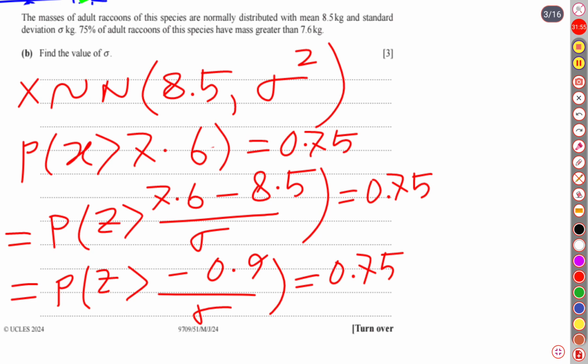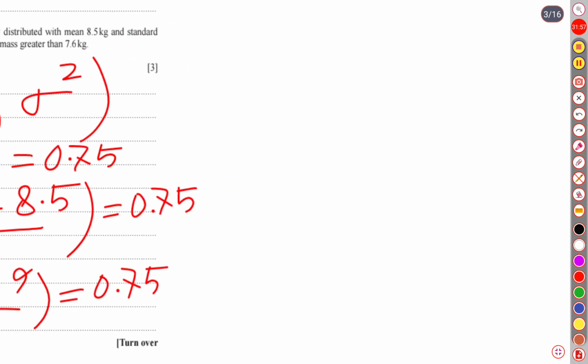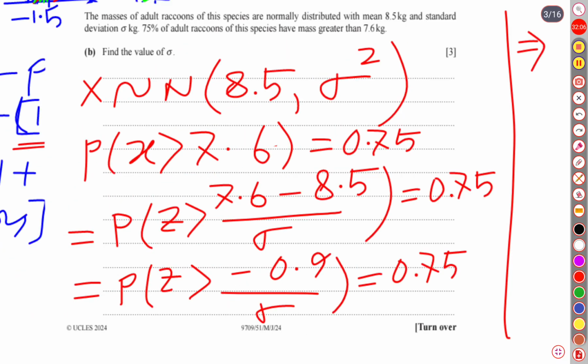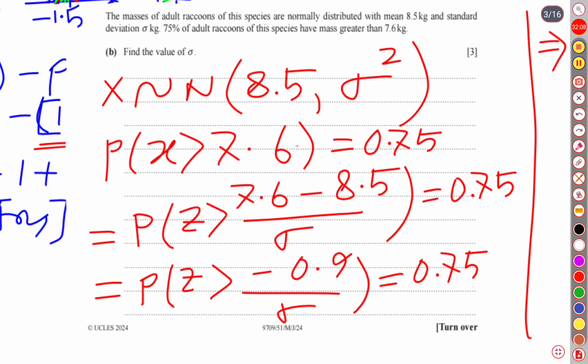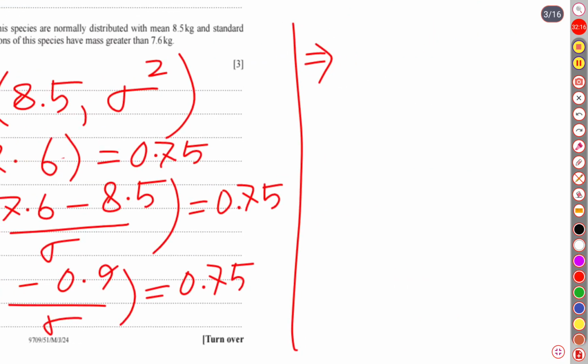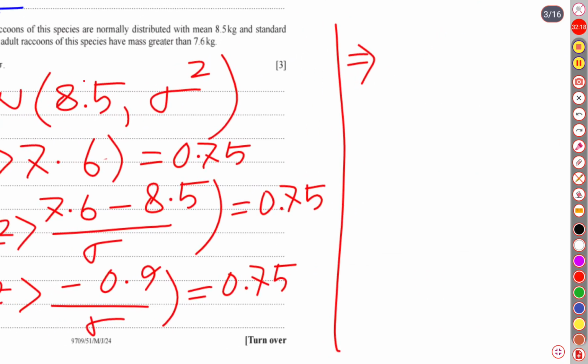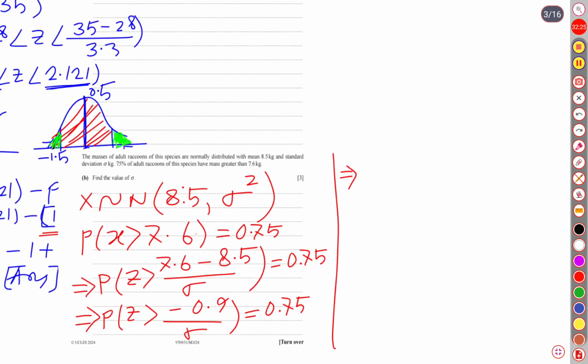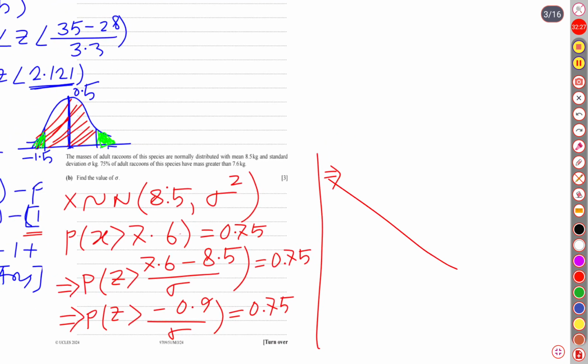Okay, so let us see the probability. When probability is 0.75, what will be the z score? This is no more an equal symbol, this will be an implies symbol. Let me zoom in.